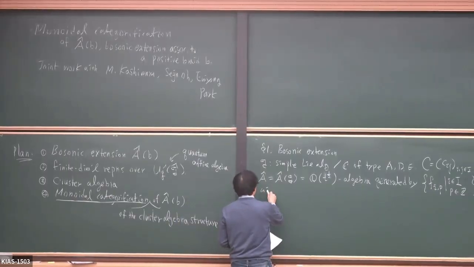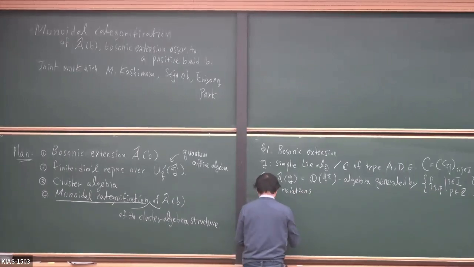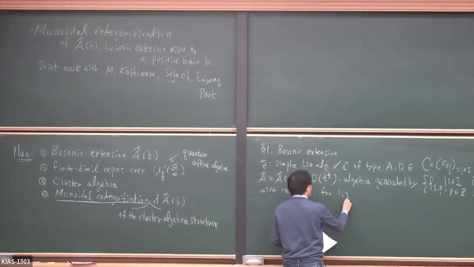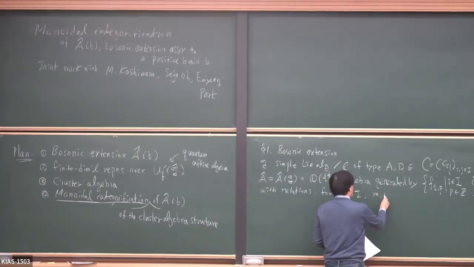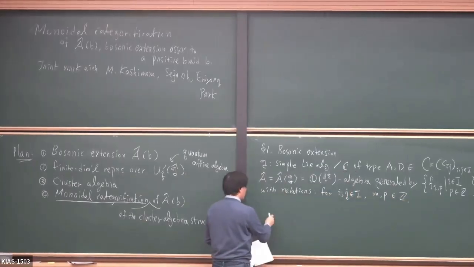With the relations, for indices i and j in I and integers m and p, we have the following relations.